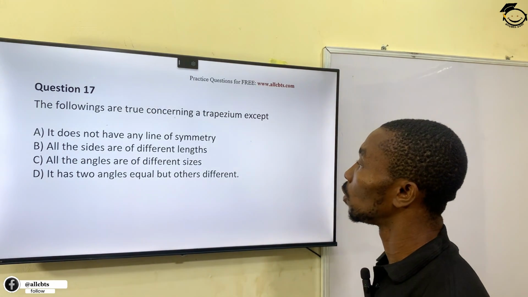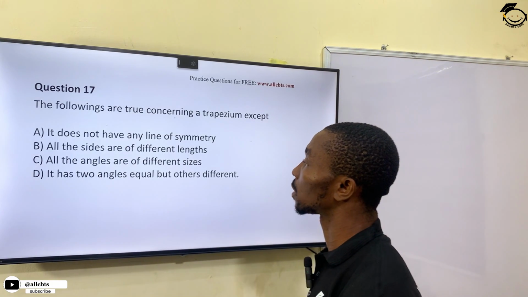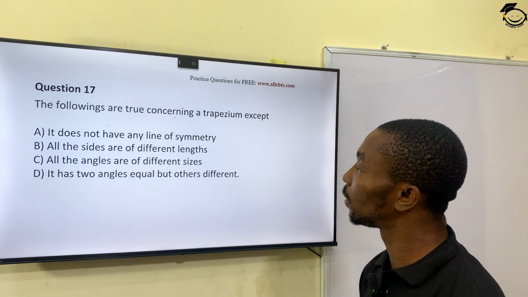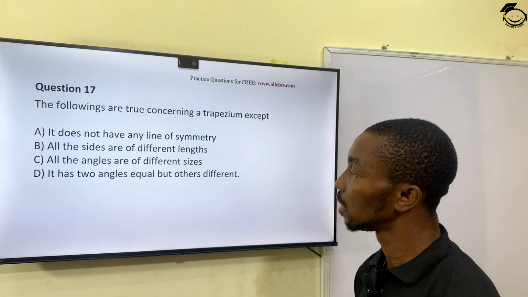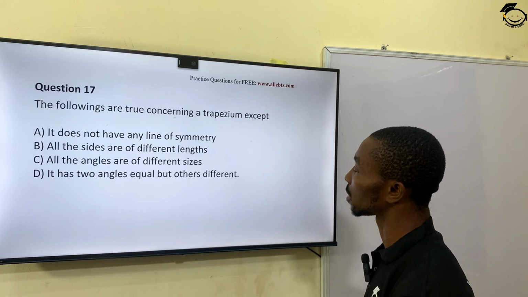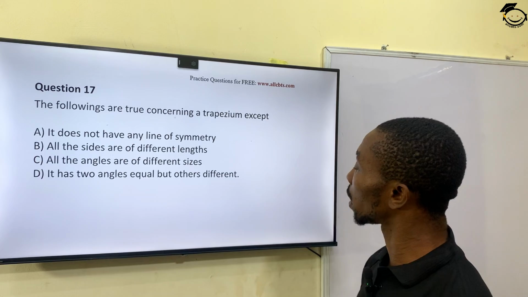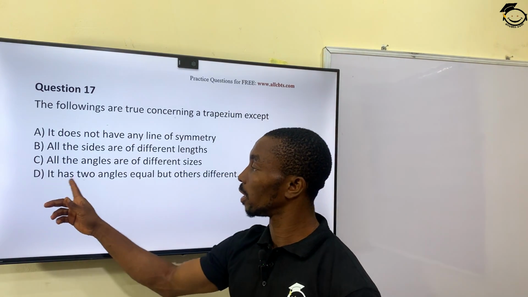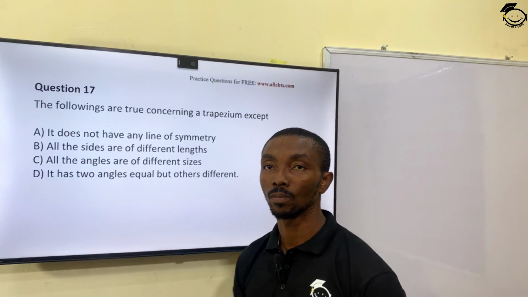A, it does not have any line of symmetry. All the sides are of different lengths. All the angles are of different sizes. It has 2 angles equal, but others different. So the answer is: it has 2 angles equal, but others different.